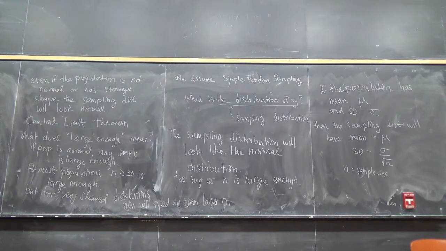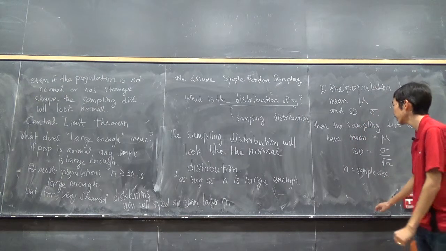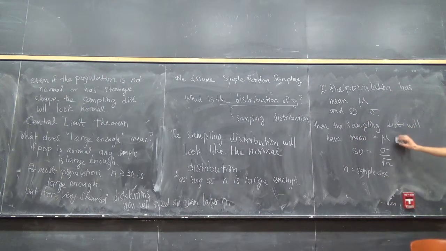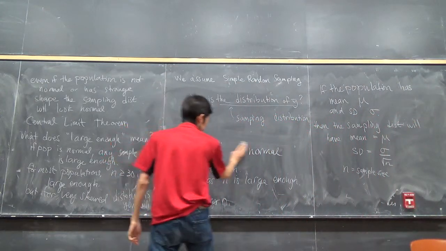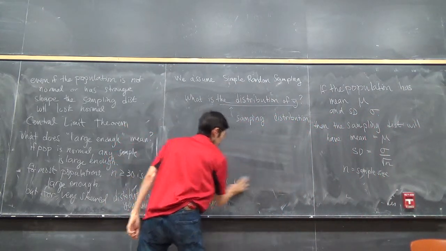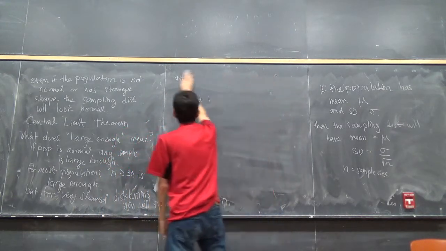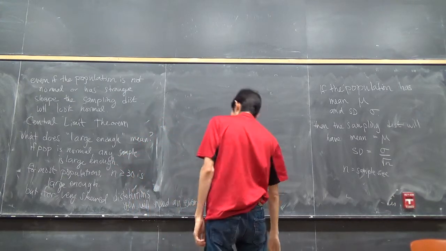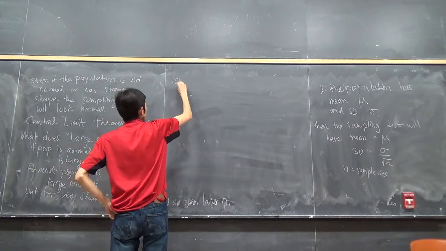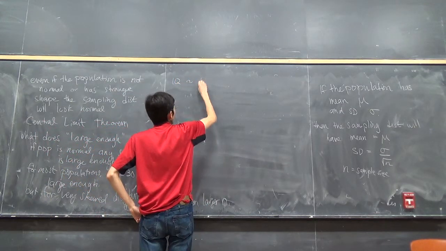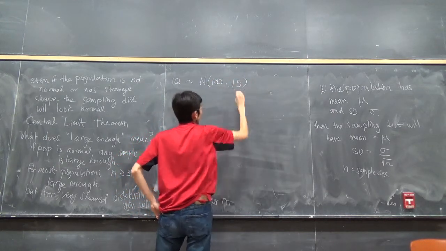Okay, so let's just check your understanding here. The key here is that you've got mean mu, standard deviation sigma over the square root of n. So let me give you an exercise. IQ scores come from a normal distribution with mean 100 and standard deviation 15.